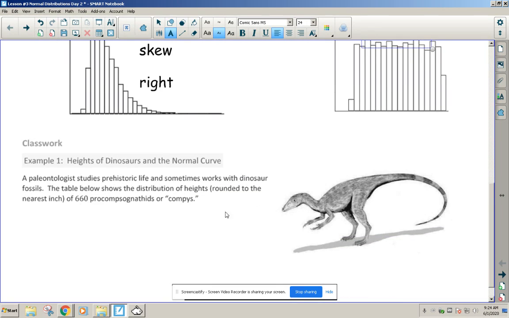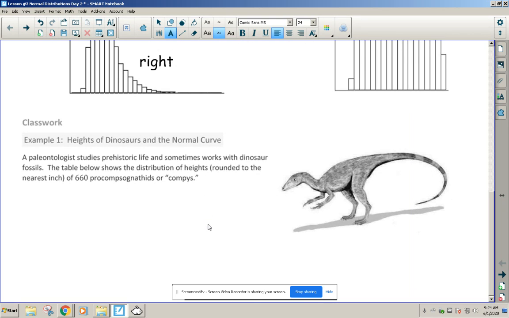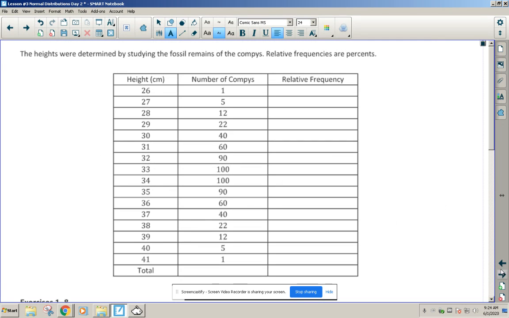Okay, so now we have a class example and found this little bit of information on these little dinosaurs called compies. And so we have a table of values that go with the heights of these compies, and that actually is on the next page.